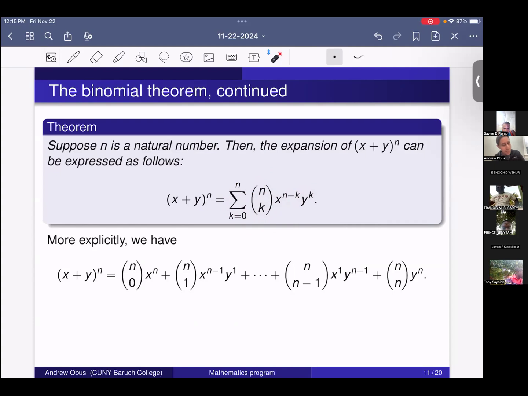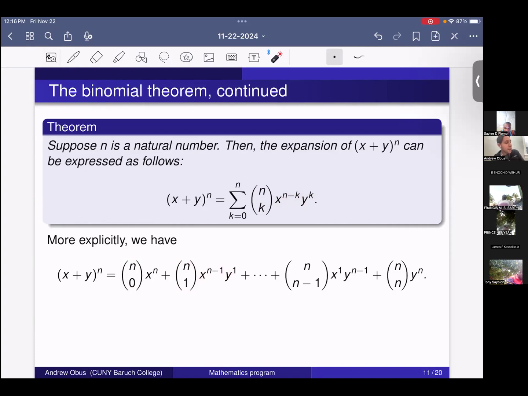And maybe more explicitly, if you want to write this out without the summation notation, x plus y to the n is going to be what happens with k equals 0. You get n choose 0 times x to the n times y to the 0. So that's just n choose 0 times x to the n. Then the next term is n choose 1 times x to the n minus 1 times y to the 1. So n choose 1, x to the n minus 1, y to the 1.